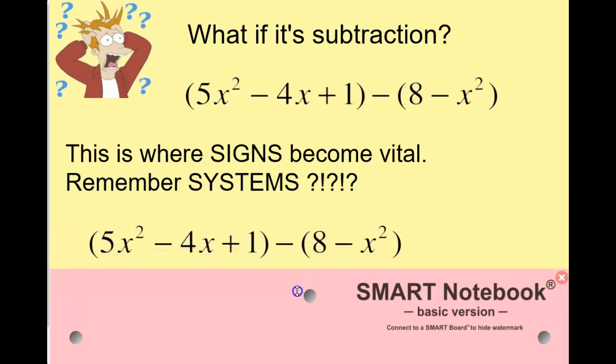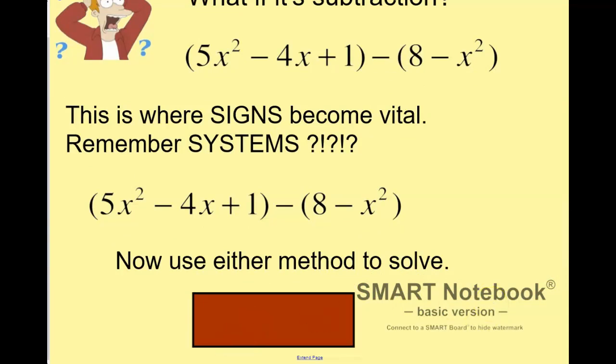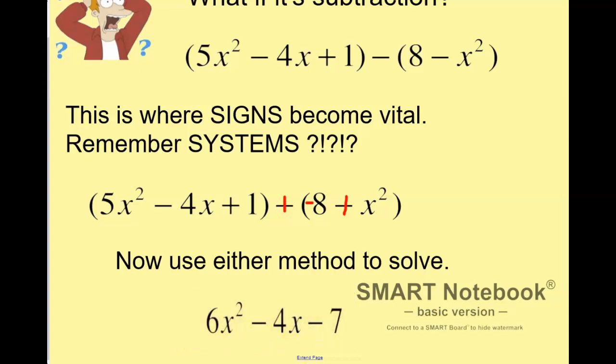So again, when I have something that looks like this, I'm going to make sure that I take this becomes a negative 8. This becomes a positive x squared. And now I'm going to use either method to solve. Get an answer. You should have gotten that.